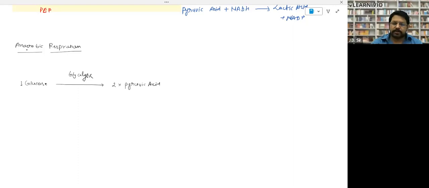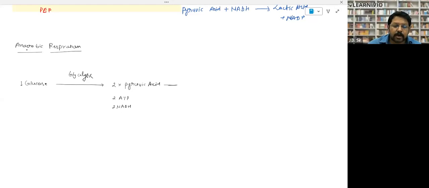The same process takes place in aerobic respiration, right? Along with the two pyruvic acid, two ATP will be produced. And along with that, you will get two NADH. I have already told you that there is also another net gain of 8 ATP. The same thing is happening. 2 ATP here and 2 NADH. So 2 3 are 6 ATP, right? So again, you are getting the net 8 ATP equivalent energy produced. What will happen after this?